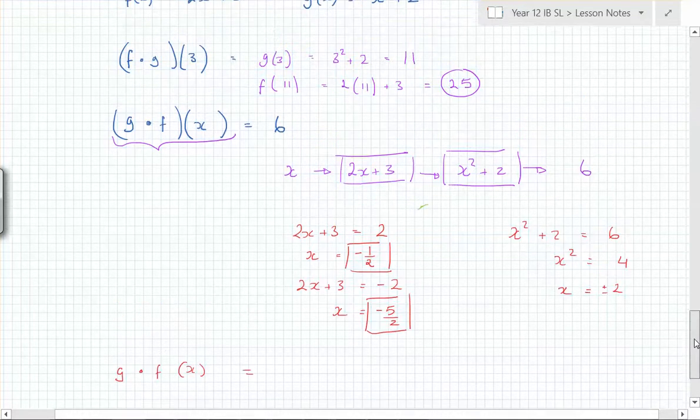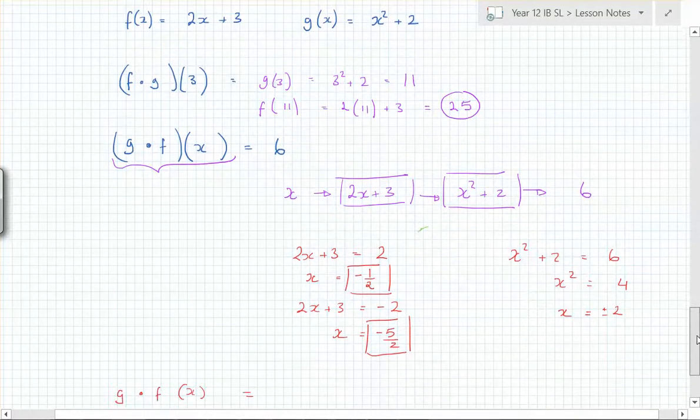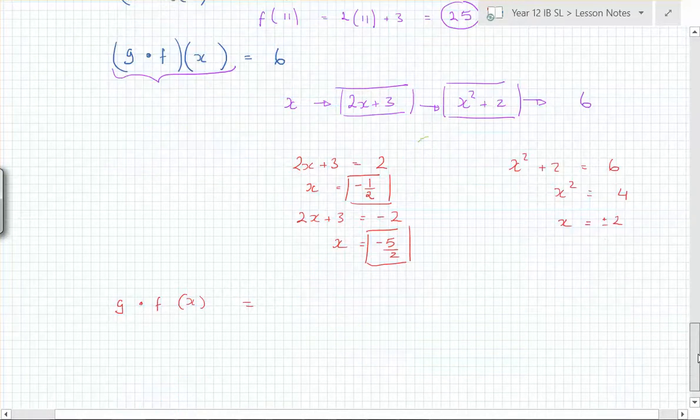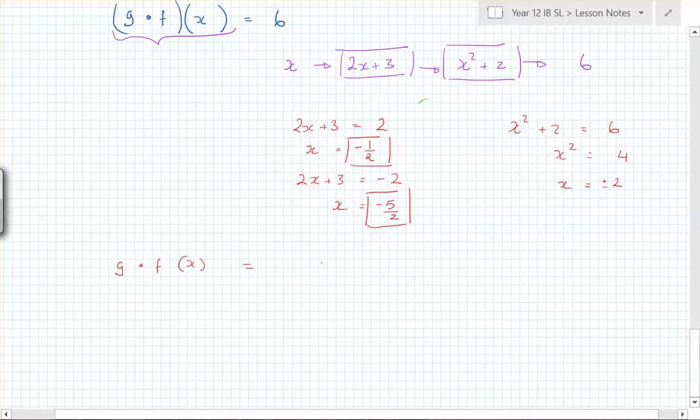So how do we do that? Well, we apply 2x plus 3 to x. So again, it's like saying what comes out here. So 2x plus 3 comes out. Now we have to put 2x plus 3 into x squared plus 2. So what's that going to look like? That's 2x plus 3 squared plus 2. Yeah.